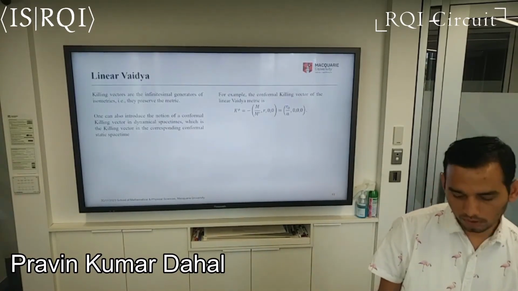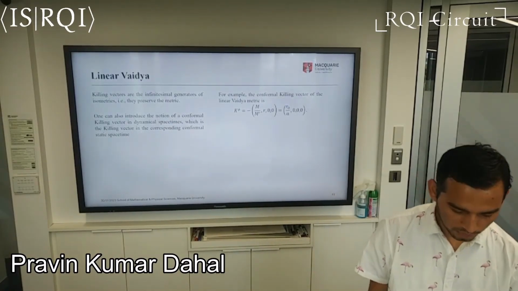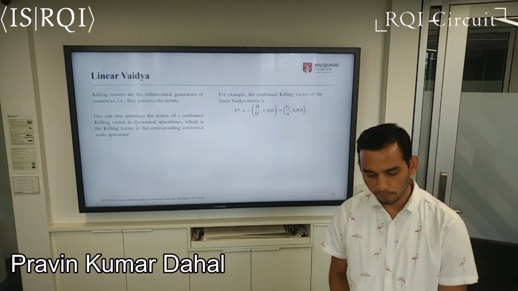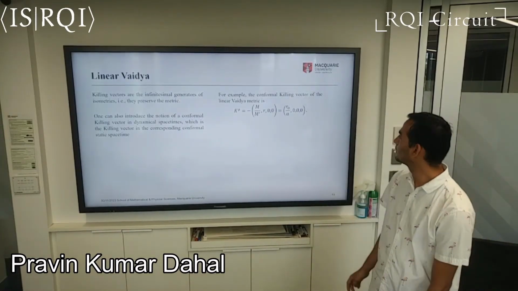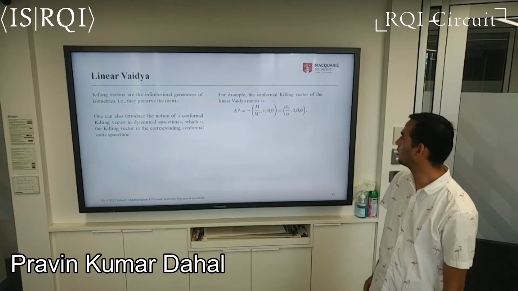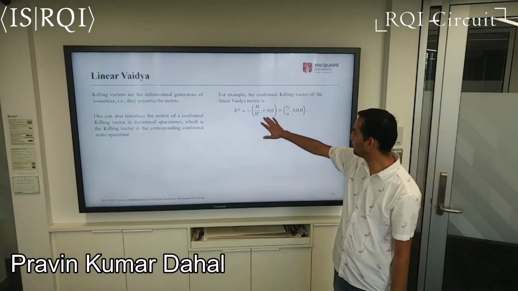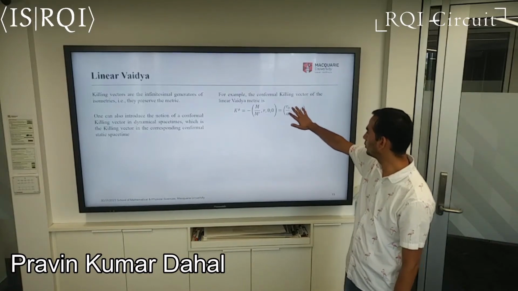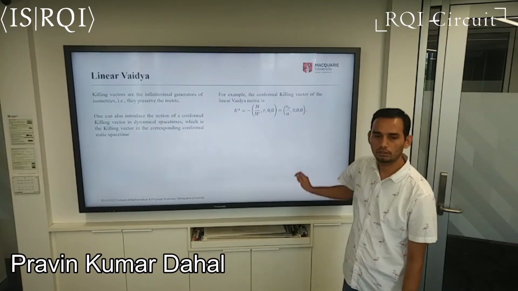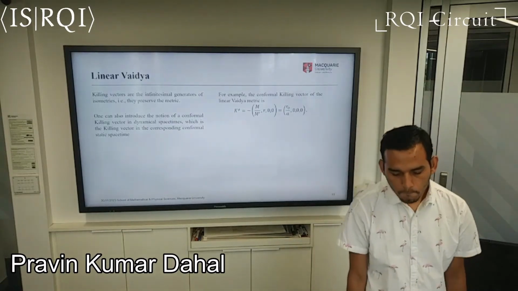For example, the linear Vaidya metric, this particular example which we are referring to again and again, has this form of conformal Killing vector. This is written in advanced coordinates and this is in static coordinates. And in static coordinates, it's clear that this is just some time translation vector.